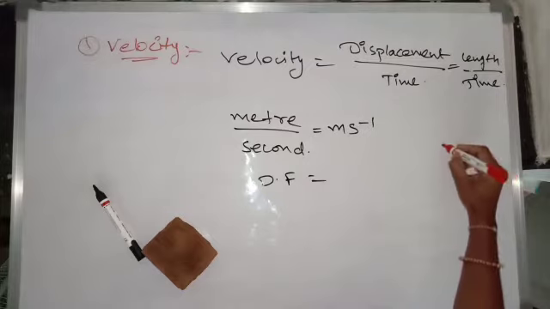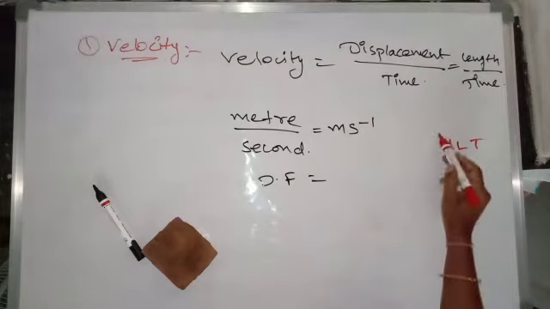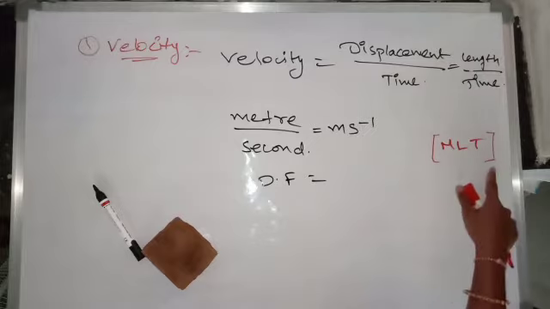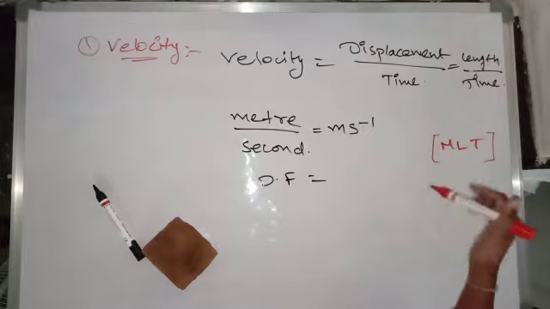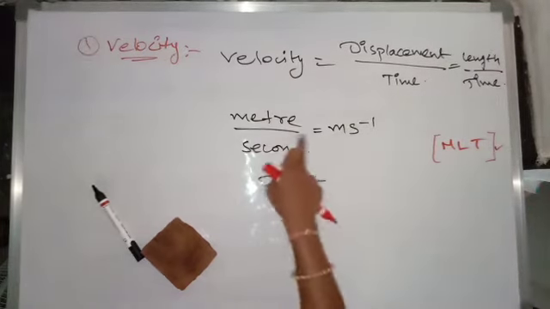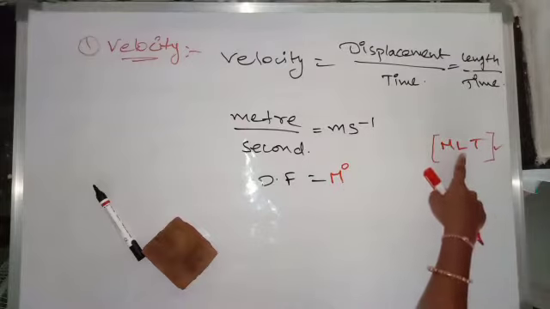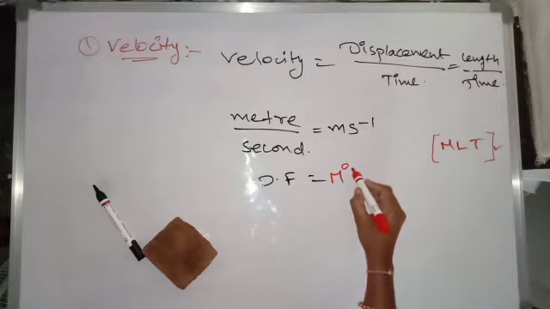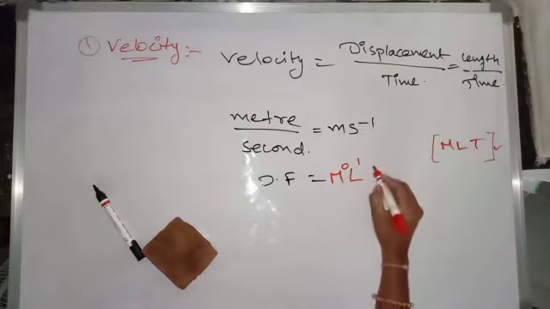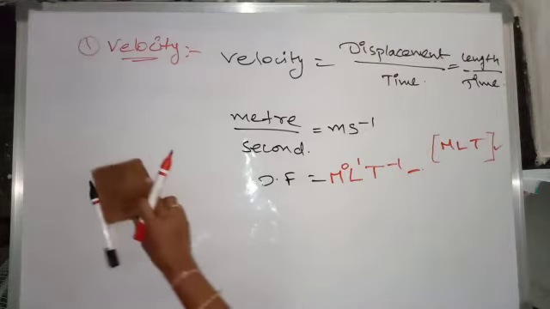I am taking mass, length and time, and you have to write the formula in square brackets. This is the way of writing dimensional formulas. Now, is there any mass? No, so M power 0. Length is in meters, so L power 1, and time T power minus 1. This is the dimensional formula for velocity.